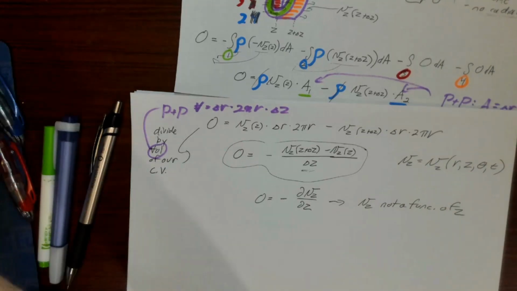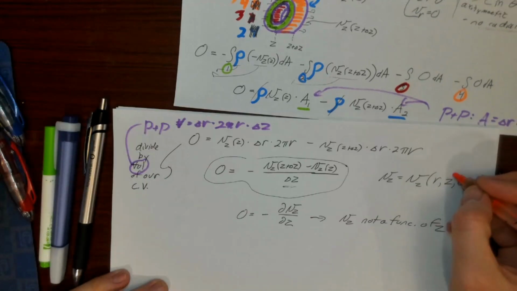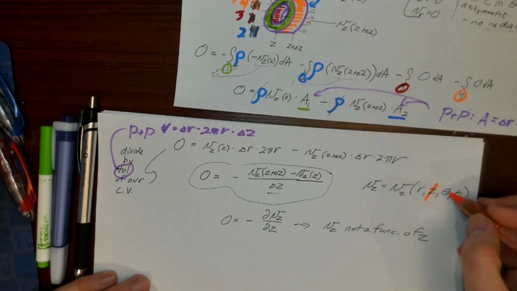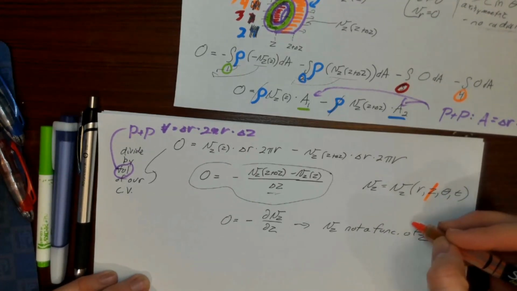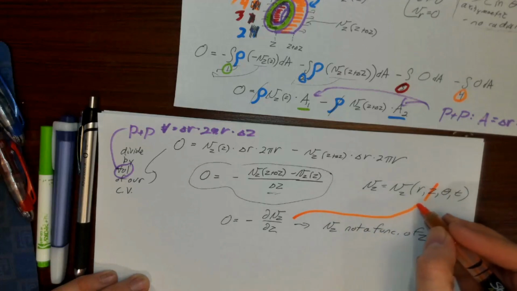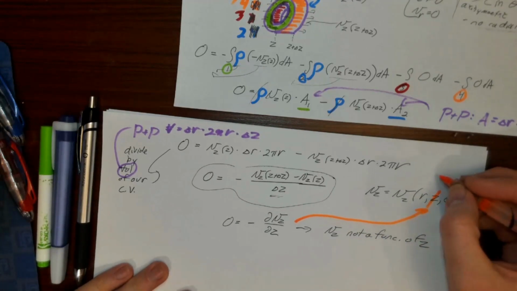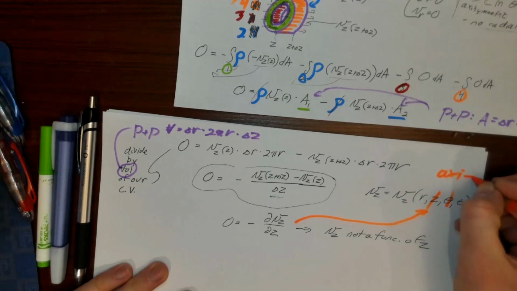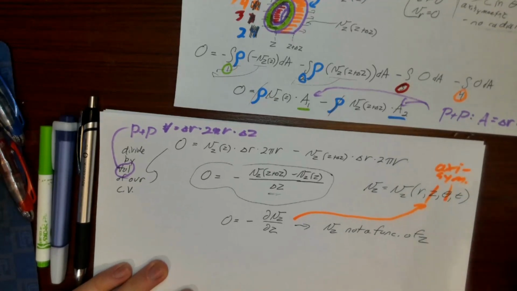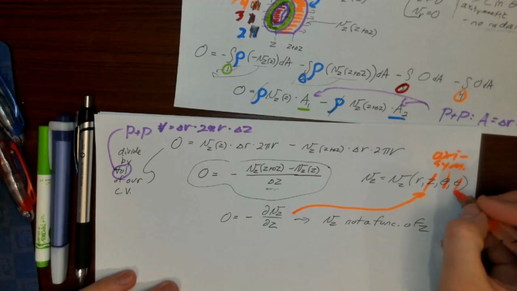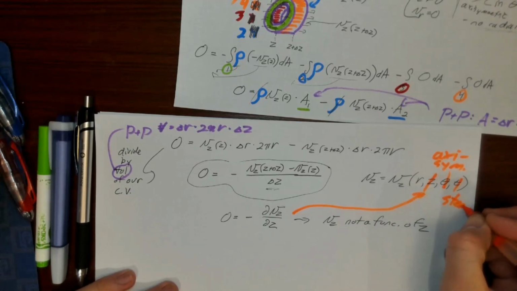So what does that mean? Vz is not a function of z. That's from this result right here. We said that Vz was not a function of theta because it was axisymmetric. We said it was not a function of time because it's steady.